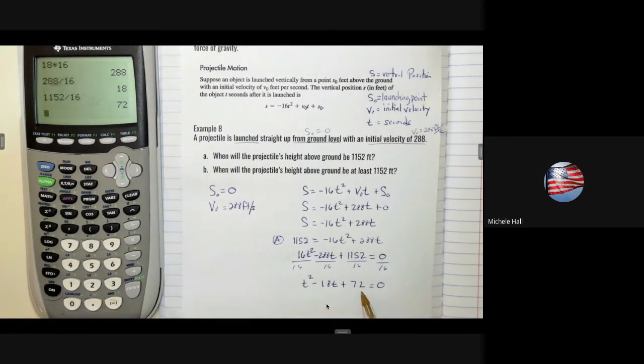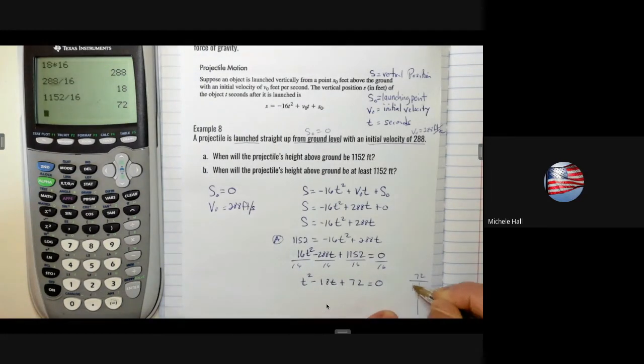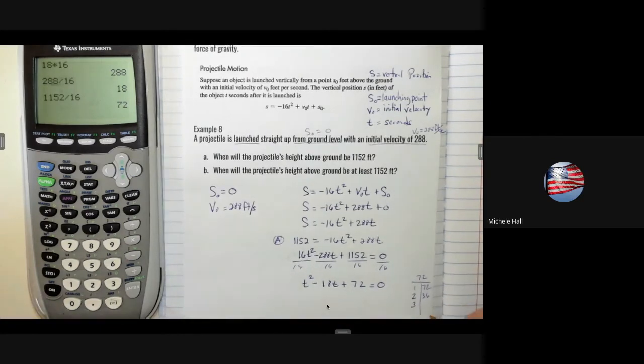Are there factors of 72 that will add to 18? We know 1 and 72, no. What do we have for factors of 72? 2 and 36. 3 and 72 divided by 3 is 24.